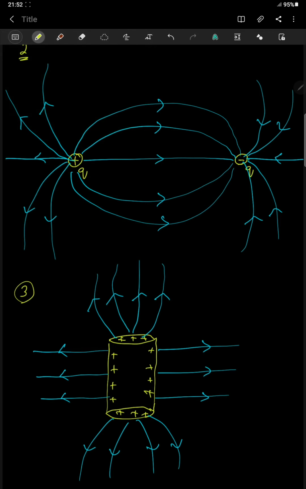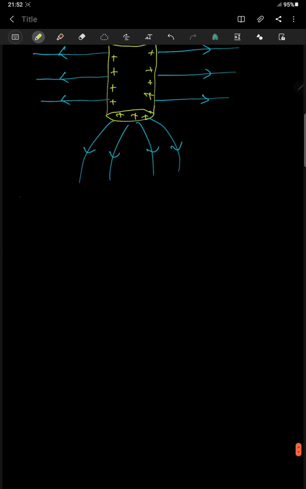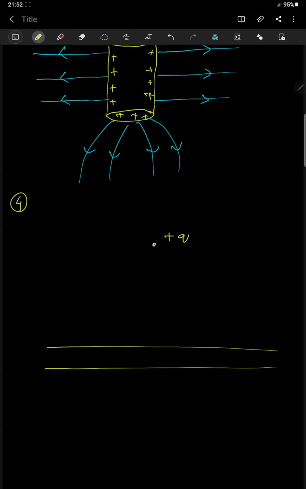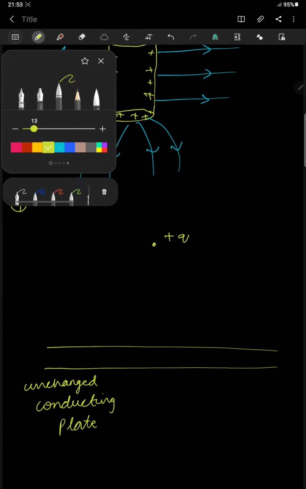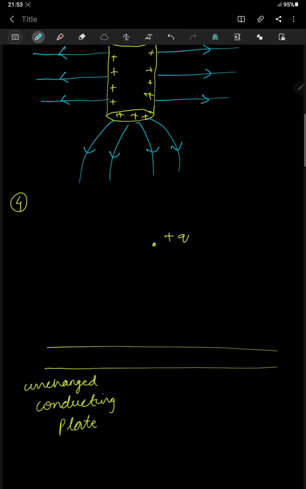Let us do another one. In the fourth one, suppose you are given a plus q charge, and you have an uncharged conducting plate. Because of this plus q charge, which charge is going to be induced in this conducting plate?